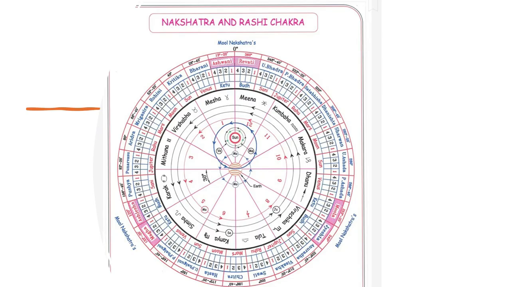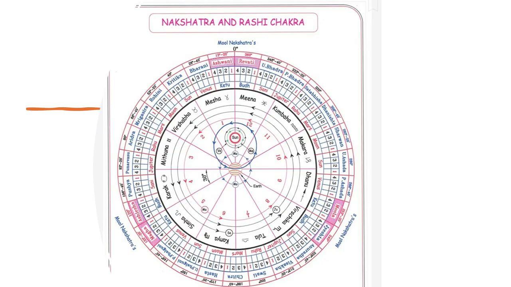Let us say the Sun in your chart is at 82 degrees. Look at this diagram and tell me which Rashi and which nakshatra 82 degrees will fall in. Can anyone figure it out? Mithuna. Mithuna, okay. Very good.